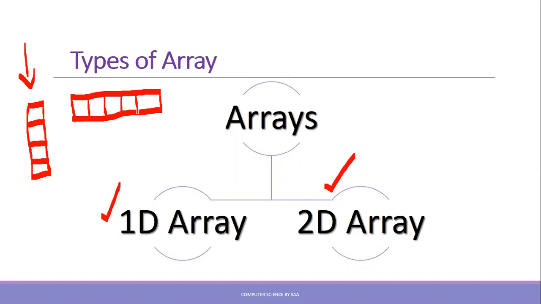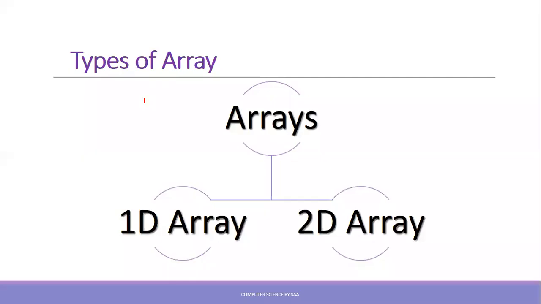But now, what is a 2D array? A 2D array is basically a collection of rows and columns. A 2D array is in the form of multiple rows and columns, that is, in the form of a table.